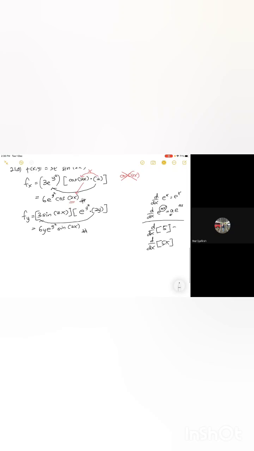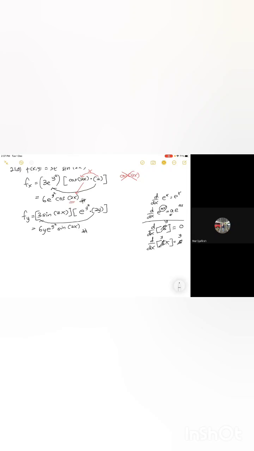If you want to differentiate 5 only, then it will be 0. However, if you want to differentiate 5x, it will be 5. Now, let's treat this 5 as your y. If you want to differentiate y with respect to x, you will get 0. However, if you want to differentiate yx with respect to x, you will get y. Okay, why? Because the y is attached to the variable that you want to differentiate.